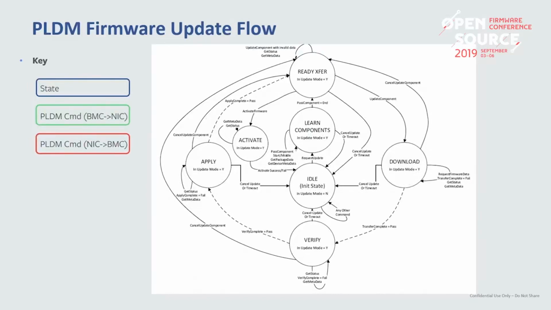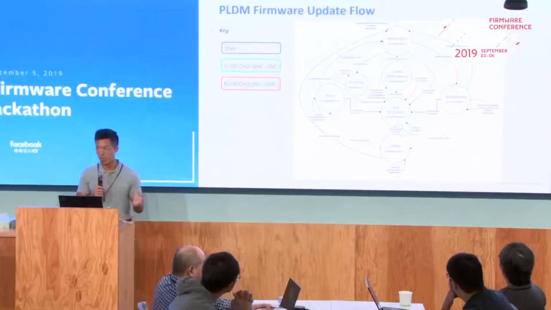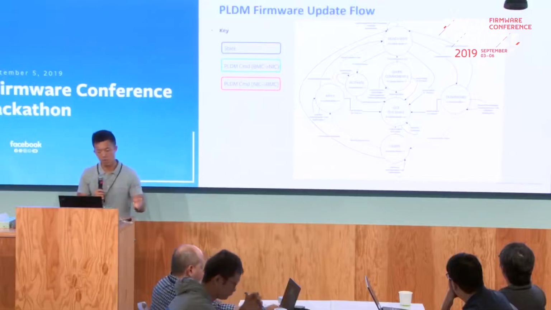Even though both sides can send commands, for my own understanding I divide this into two parts. The first part is the orchestration. The BMC sends a command to the device, informing it that we are about to initiate an update. Then both sides do a handshake to discover how many firmware components there are in the device, what the component sizes are, and what the maximum buffer we can support is. This handshake happens as part of the BMC orchestration.